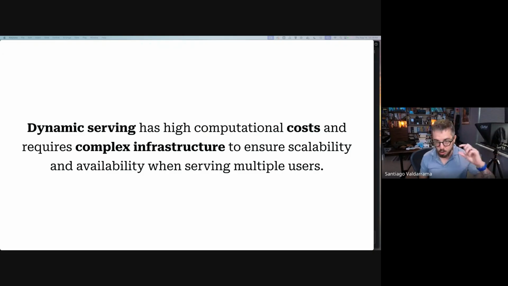What I mean by that is your server cannot be down, because people are going to send requests and they're just going to fail. And number two, you need to scale. What happens if your application becomes popular, or if there is a sudden spike for some reason and people start using your model? One computer might just blow up and not be able to serve everyone. So these are concerns with dynamic serving.